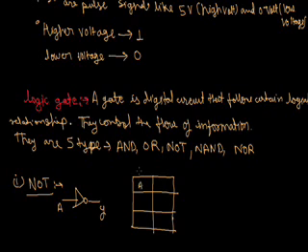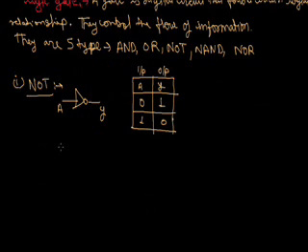Here is the input A, here is output Y. If I give input 0, I will get output 1. If I give input 1, I will get output 0. This is called a NOT gate, and it is also written as A bar. Bar means just the inverse of the input signal.